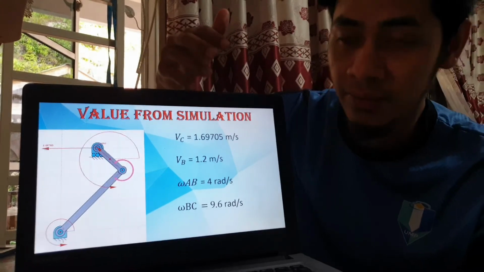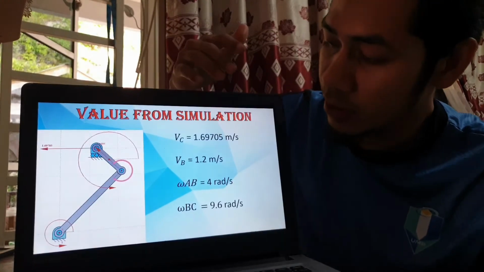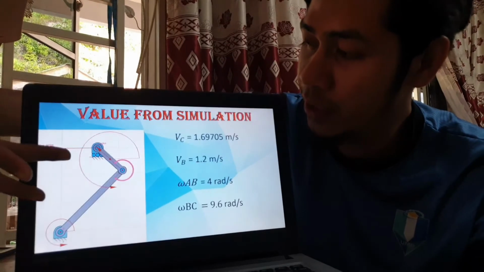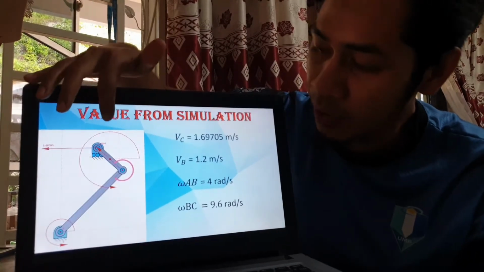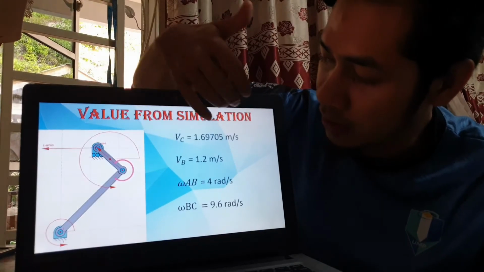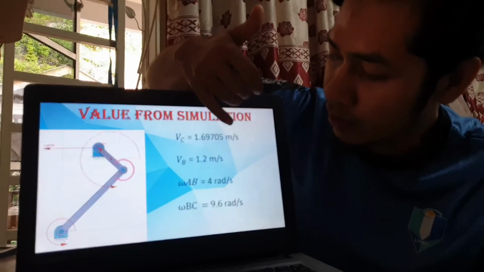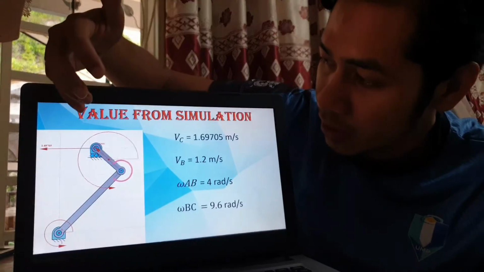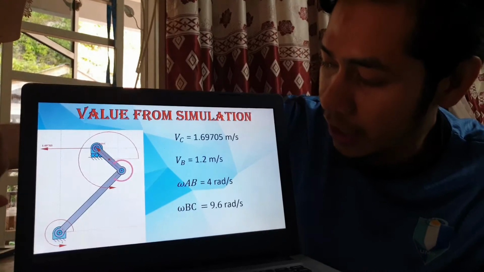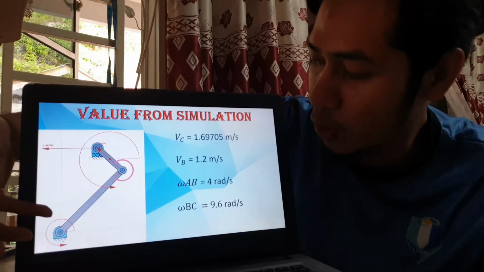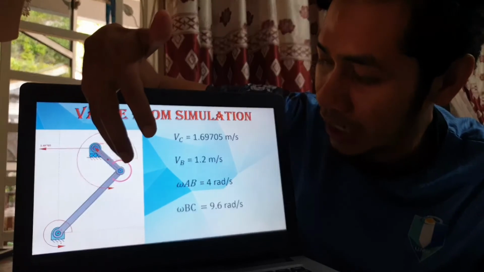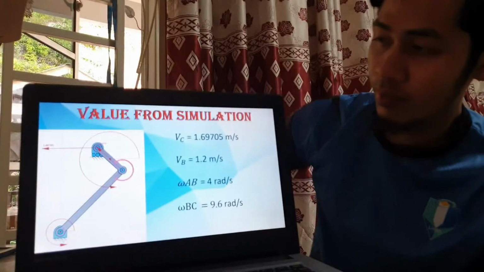This is the result for the velocity. This is point A, point B, and point C. The velocity at point B is 1.2 meters per second, and we get VC and the angular velocities of element AB and element BC.